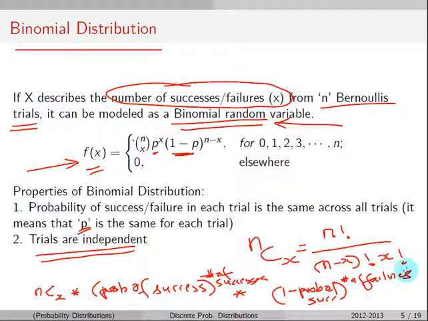So keep this in mind. This is an easy way to remember a binomial distribution, or the density function of a binomial random variable.